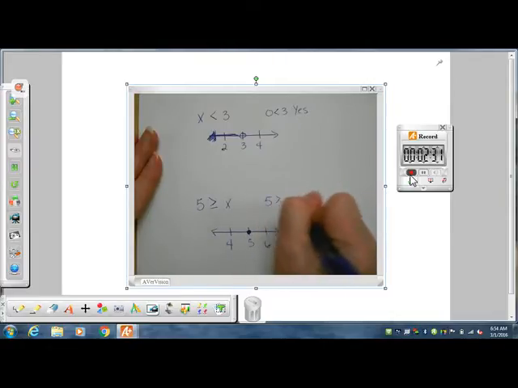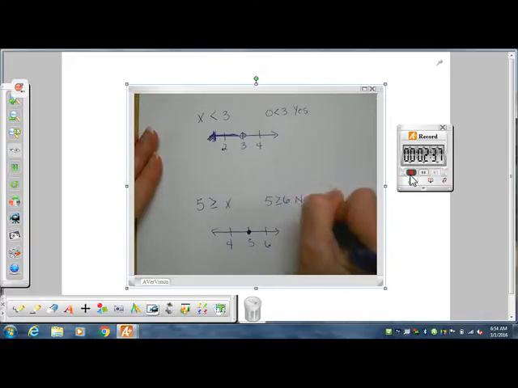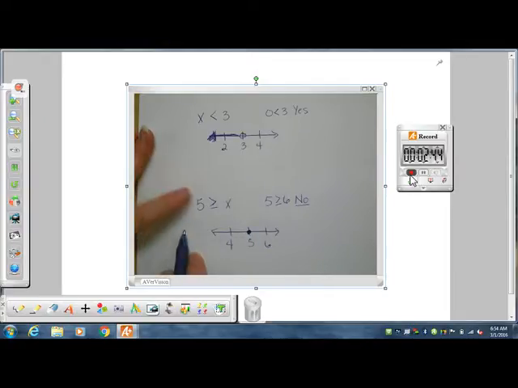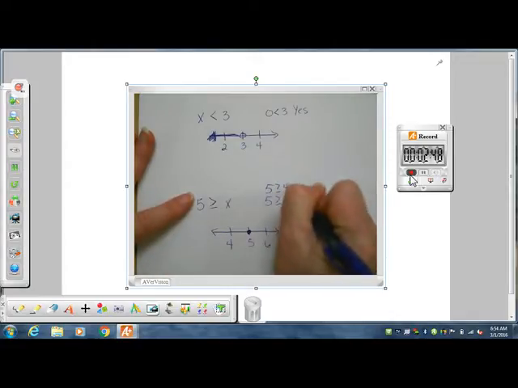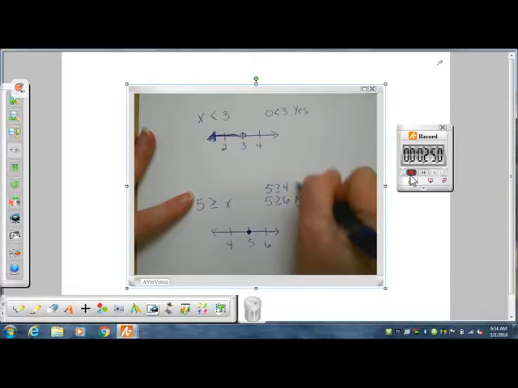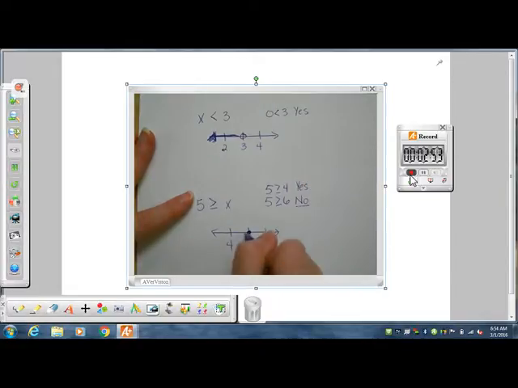Well, that's not true. 5 is not greater than 6. So that's a no, which means we are not shading this direction, we're shading the other direction. If I plug in a 4, is 5 greater than or equal to 4, which would be on this side? Yes, that is true. So we are going to shade this direction, because it's all of these values that make it true.